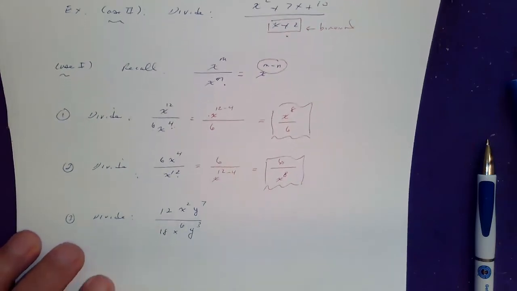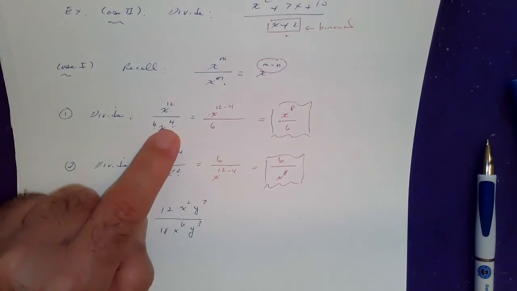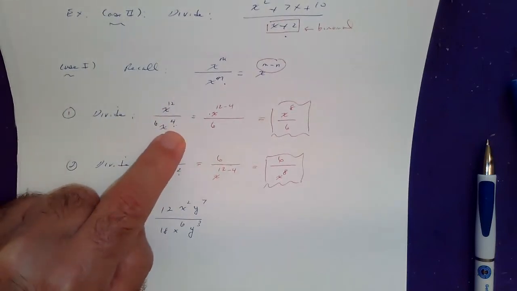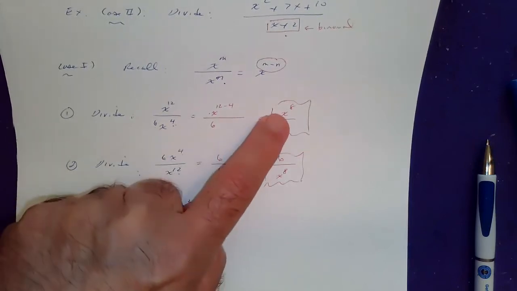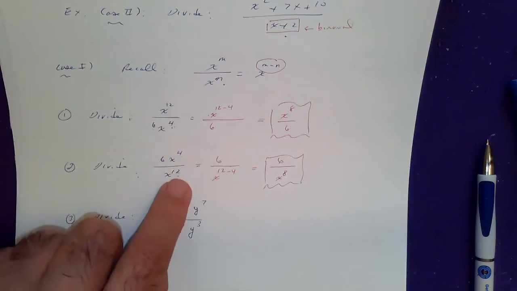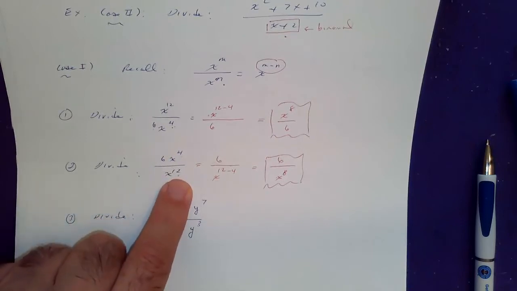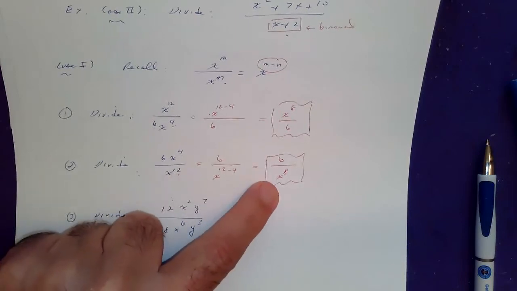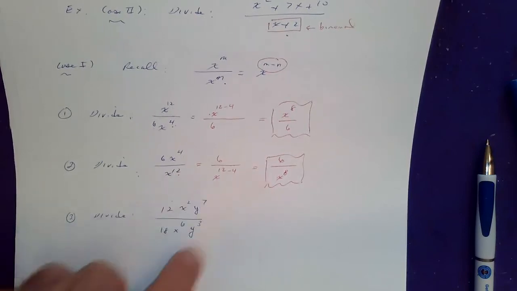Do you see it? So the moral of the story is if the power of the x on top is greater than the power of the x at the bottom, the answer stays on top. If the power of the x on top is less than the power of the x at the bottom, the answer stays at the bottom, correct?